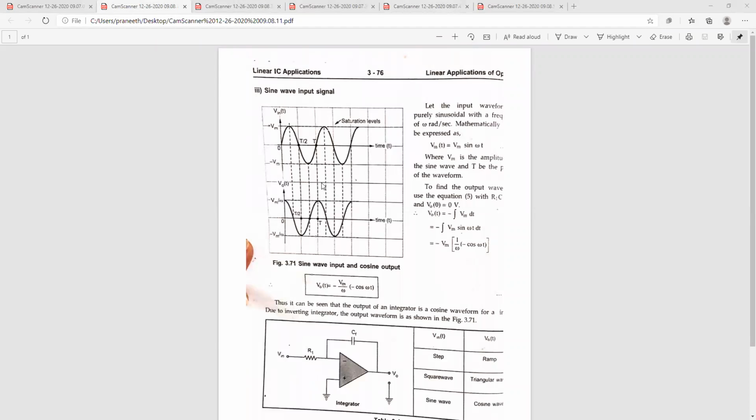Just take down this also. After that, let us see the frequency response, if that was over.